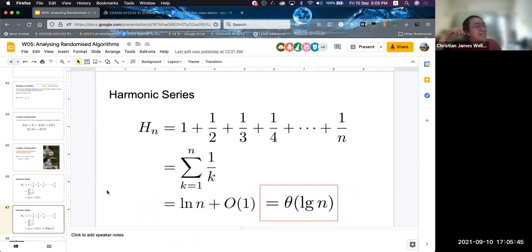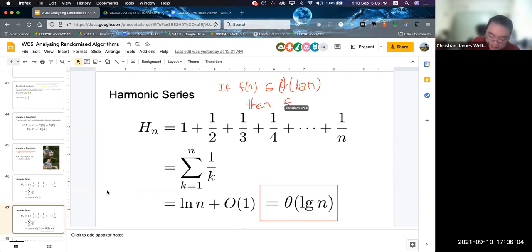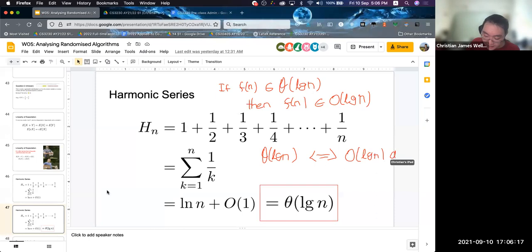So I hesitate to say theta log n is less than or equal to O log n, but I think you can say that if f(n) is an element of theta log n, then f(n) is an element of O log n. I think this is fine, because theta log n is equivalent to saying that it's O log n and big omega of log n. So this is the definition of theta.